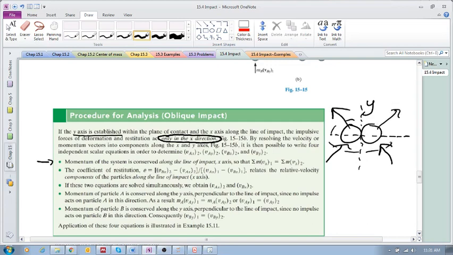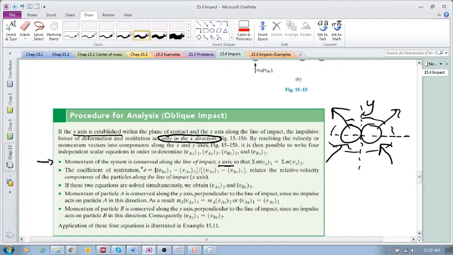If we consider the system and we consider just the x direction, then momentum is conserved in the x direction. Why? Because these impulses are internal. So momentum is conserved along the line of action, the x-axis. So the initial momentum in the x is equal to the final momentum in the x. Okay? So that's the first thing.